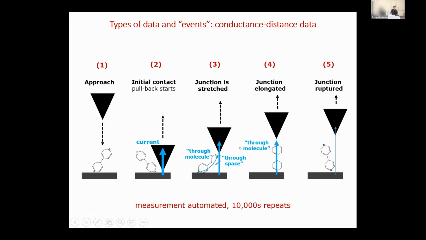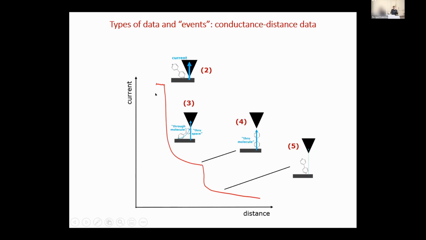When you look at the current as a function of distance, you'd expect a behavior like this: initially a decrease, then a plateau while the molecular junction is intact, and then it breaks and drops to what is often noise level. So you can extract the current per molecule from the step height here. You can also identify the length of a molecular junction before it breaks. So this is all quite useful.